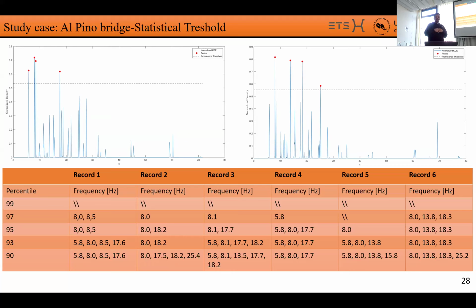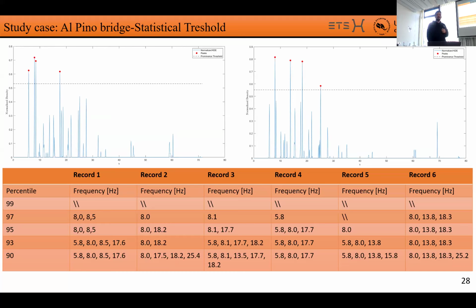So I did this with varying values of the percentile, as you can see in the label. With a high value of the percentile, we basically don't get any frequencies. And if we lower it, we get all the frequencies that we want, but we have to pay attention because we cannot lower the percentile too much, obviously, because we will get all the frequencies, and this is not what we want to obtain.